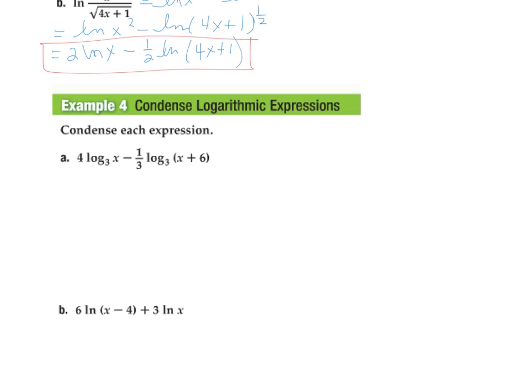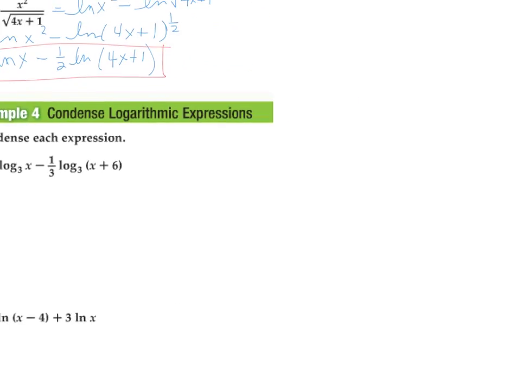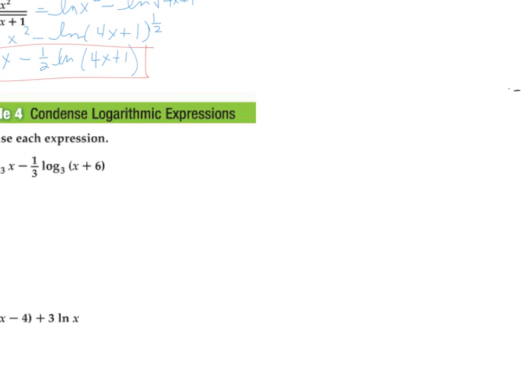For example 4, it says condense the logarithmic expressions. We're just going to do the opposite thing. I'm going to go from a sum or difference to a quotient or a product.